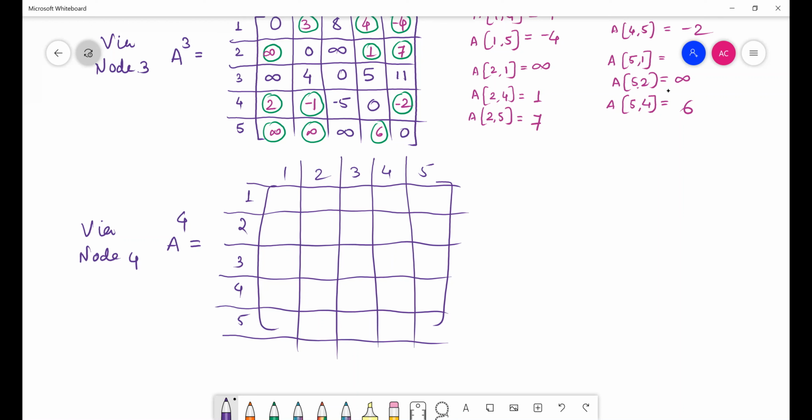In this case, fourth row and fourth column will remain the same.